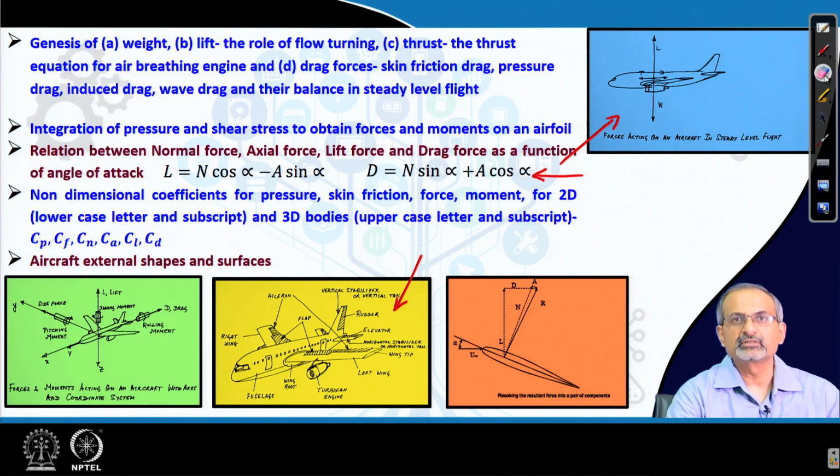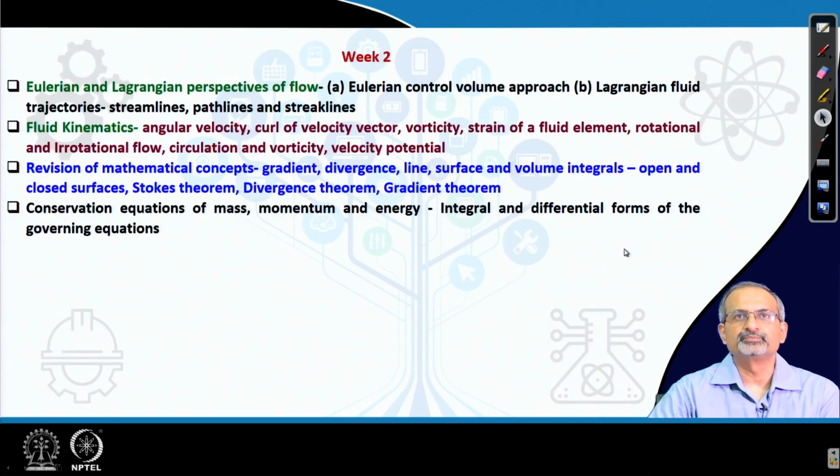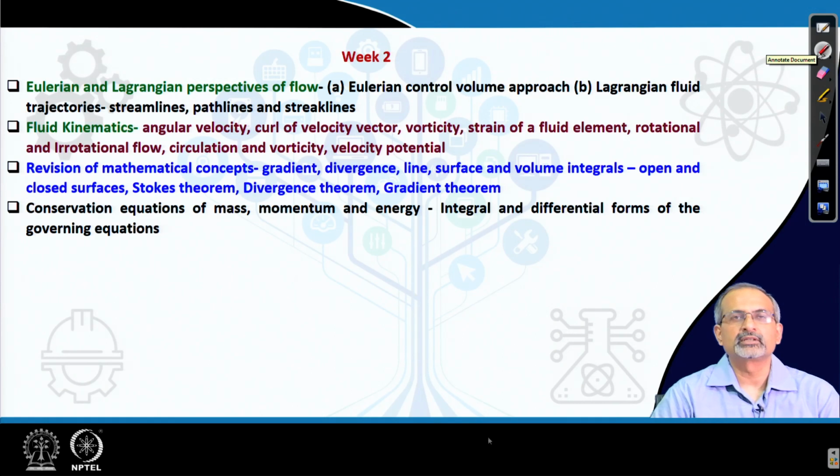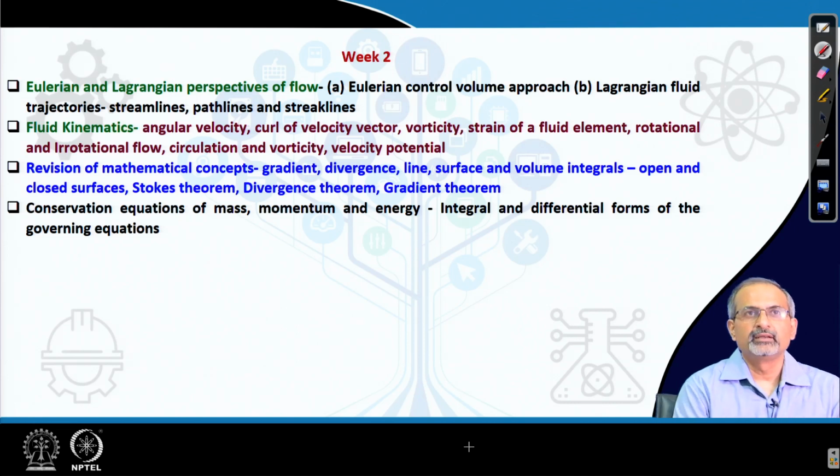These were the important concepts that we discussed in week 1, where we were introduced to the important aspects of the course, and then we moved on to more detailing on certain other aspects, where we talked about the flow field from an Eulerian and Lagrangian perspective.